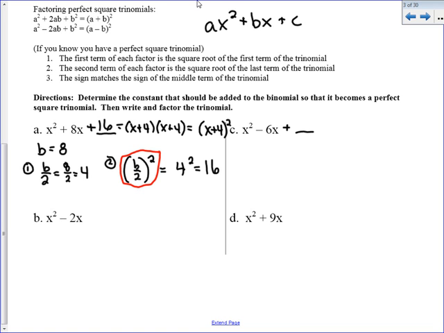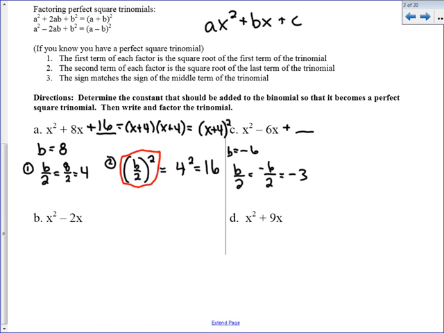The first step is we need b. We need to know what b is. So b in this problem is negative 6. And you've got to take the sign there. So b equals negative 6. So we're going to take it and first divide it by 2. That's just one of the steps, it's always divide by 2. And that gives us negative 3.